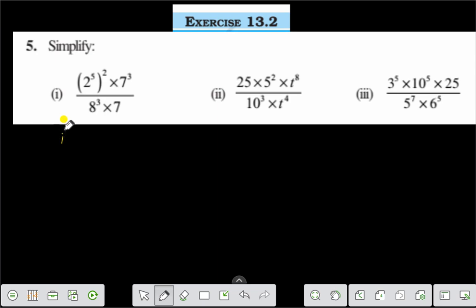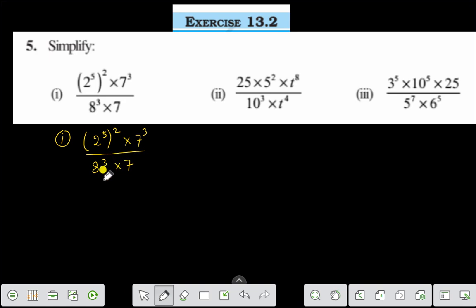Question number 1 is 2 to the power 5 into 7 to the power 3, divided by 8 to the power 3 into 7.